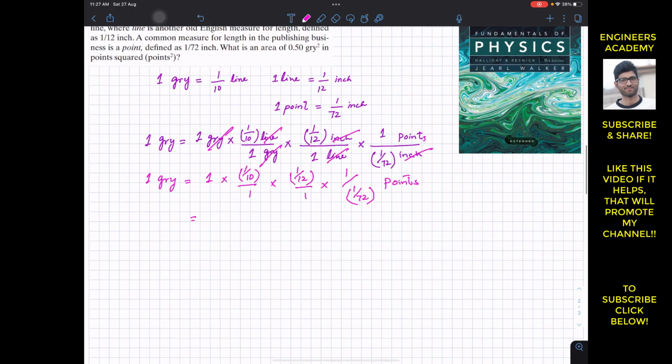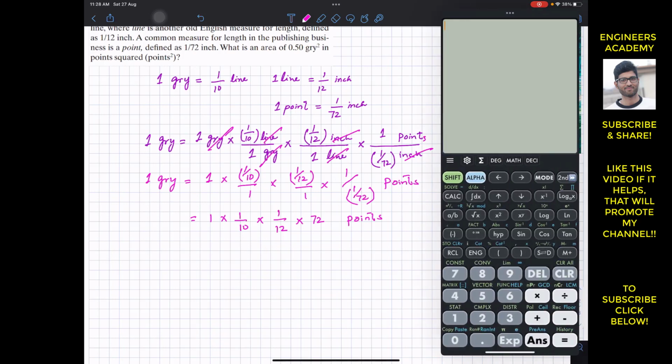So this is 1 divided by 10 divided by 1, which is 1 divided by 10. This is 1 divided by 12, and 1 divided by 72, we can write this as 72. So this is points. Now let's multiply all these.